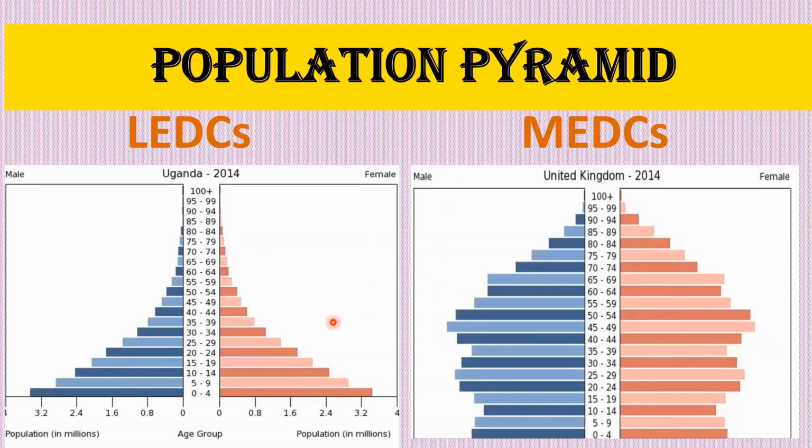So a country's population structure changes as it develops. For LEDC governments with a young population and MEDC with an older population, the disparity in age structure creates multiple challenges.